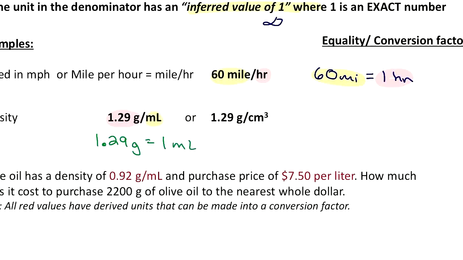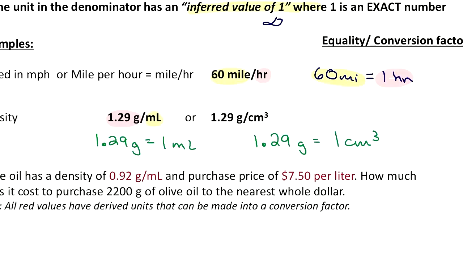What density means as an equality is that in 1 milliliter of stuff, there is 1.29 grams of substance or sample. Again, milliliter and centimeter cubed are the same, so we can also write 1.29 grams equals 1 centimeter cubed. Same exact thing. This is a super useful skill because we're going to be using derived units all the time, because that oftentimes describes our samples, all right?